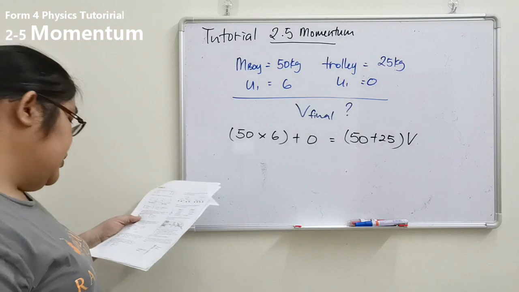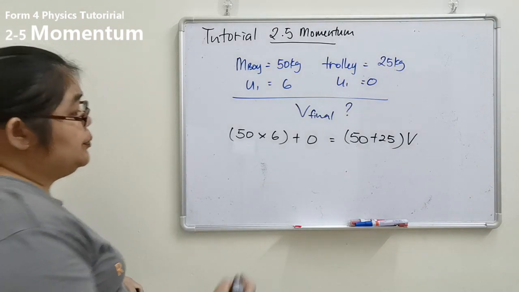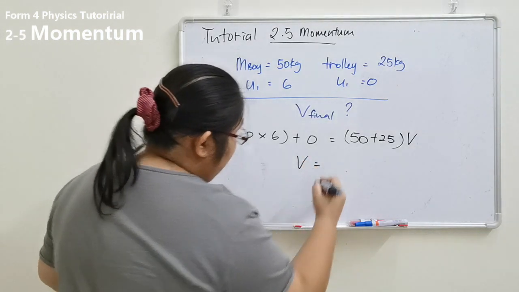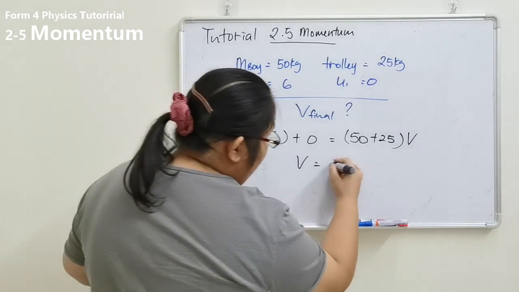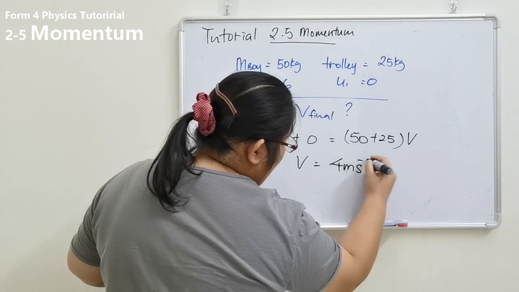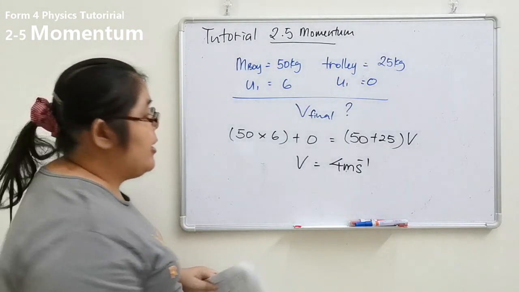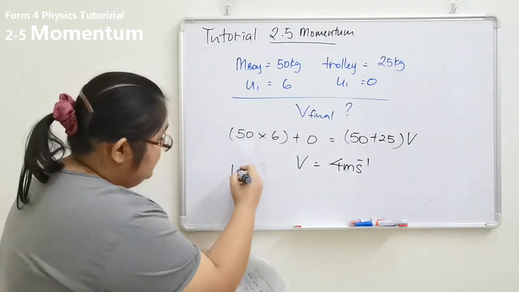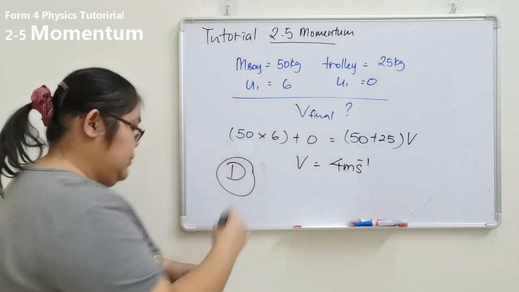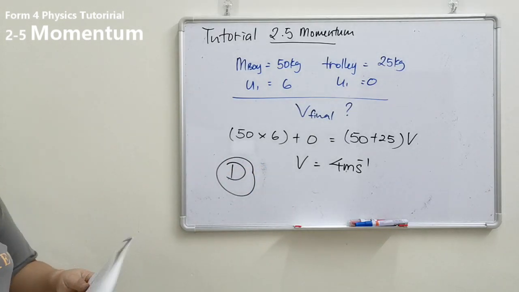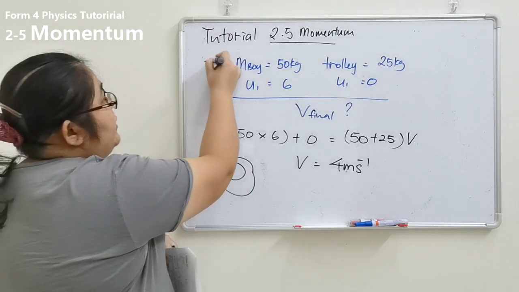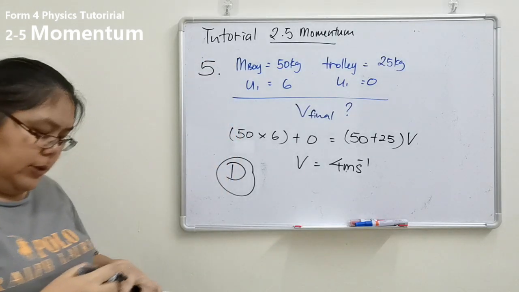So when you do the calculation, the answer should be V equals 4 m s^-1. So this is the answer for question 5. The answer should be donkey. Question 5 is donkey.